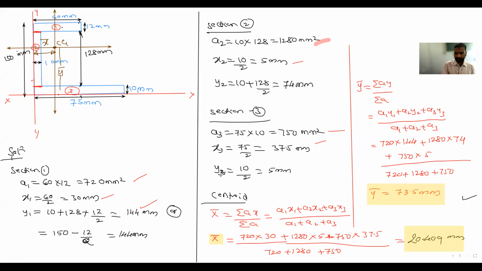Okay, can I go for the next problem? Yes, sir. This is a little bit different. All of you draw this one. Here he has given the axis directly. With respect to the given axis, you have to draw the figure.